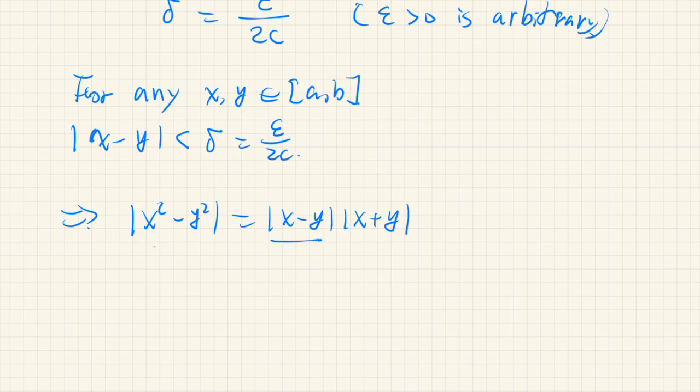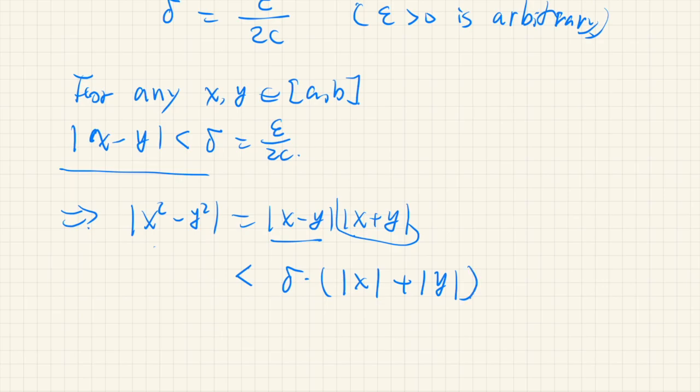And this one, by assumption, is less than delta. And this one, by using the triangle inequality, is less than the absolute value of x plus the absolute value of y, right?